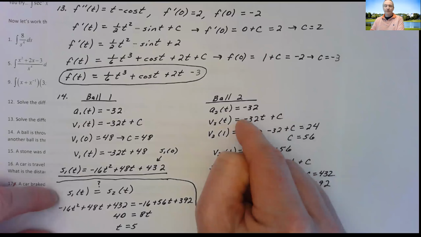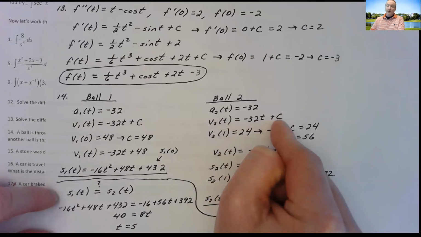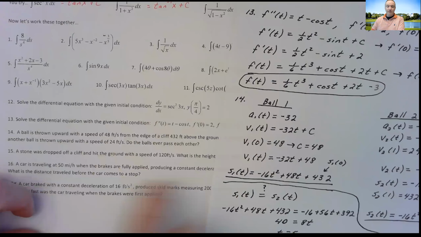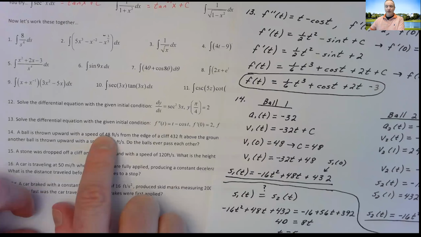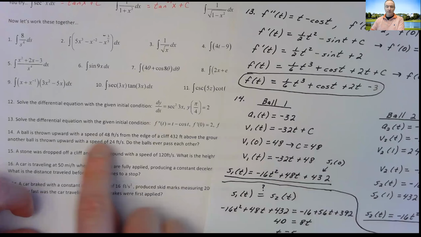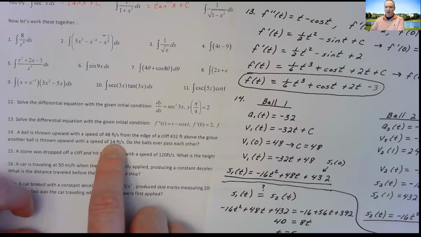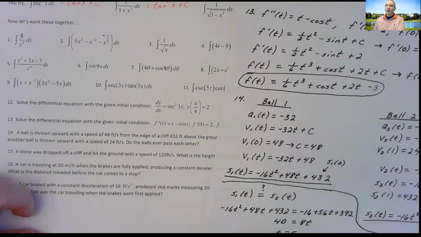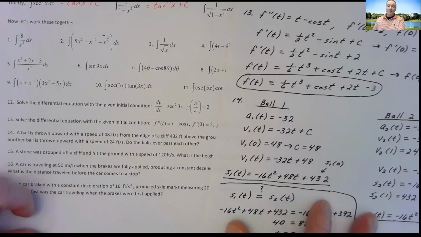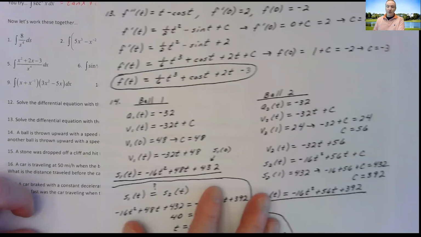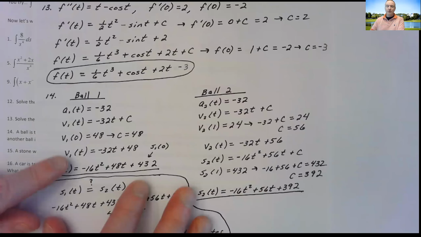How do I solve for that value of c? Unlike before, I can't just plug 48 in for c. You might think, can I just plug in 24 for c? No, you can't, because if you plug a 24 in for c, you're saying its velocity at time 0 was 24. That's not true.